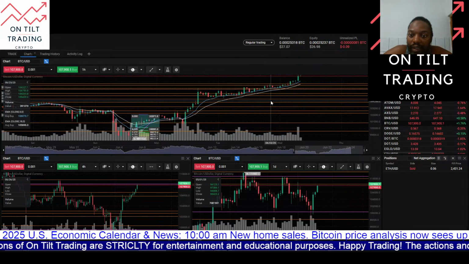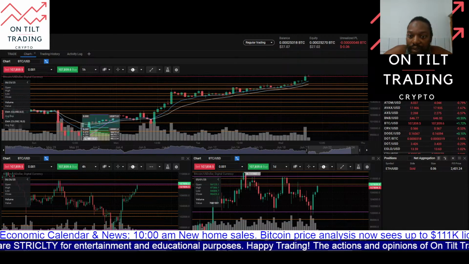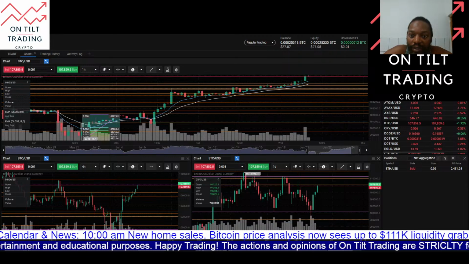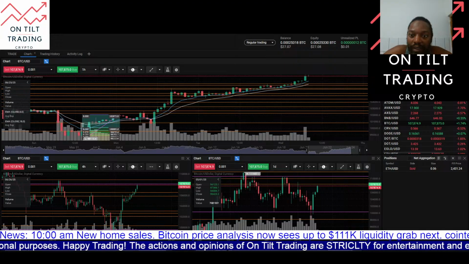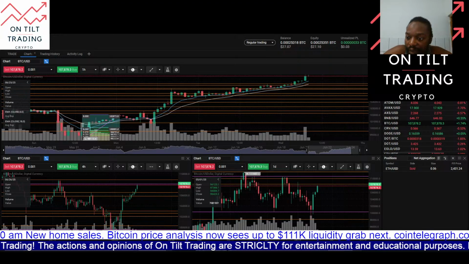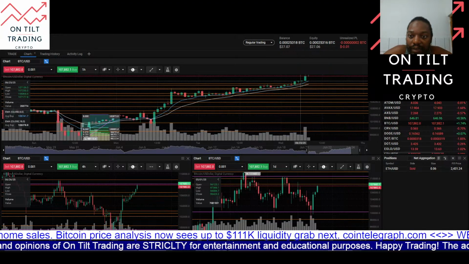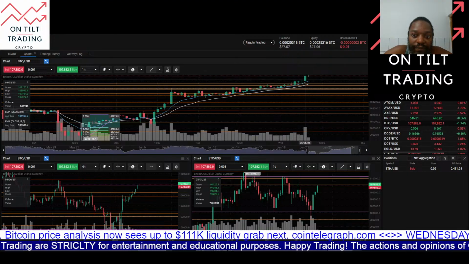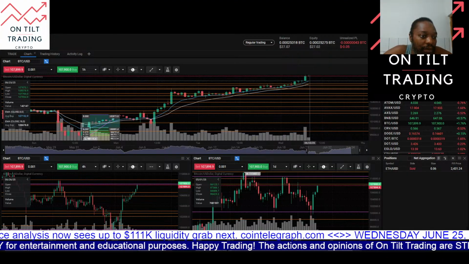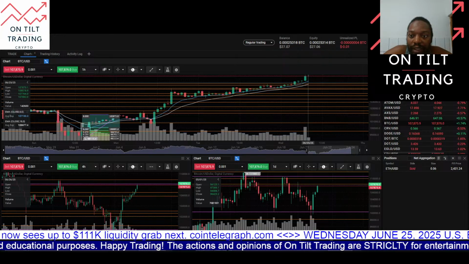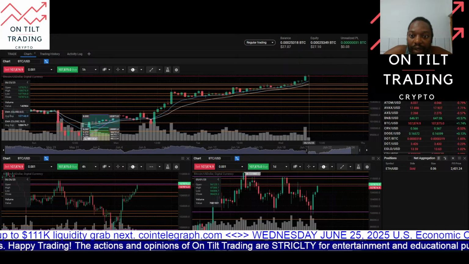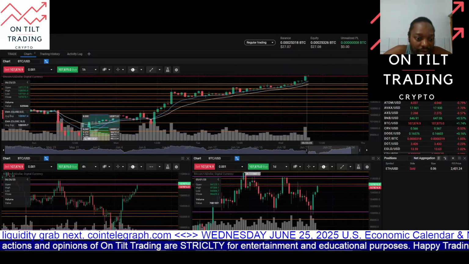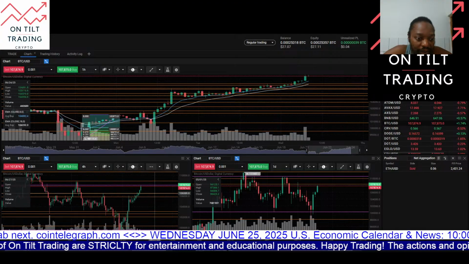Bitcoin here in the New York session has really turned on the buying here. The algorithm has really been delivering price to the buy side here. Let's see, no new highs from the previous hour, but price is still hanging around in this area.